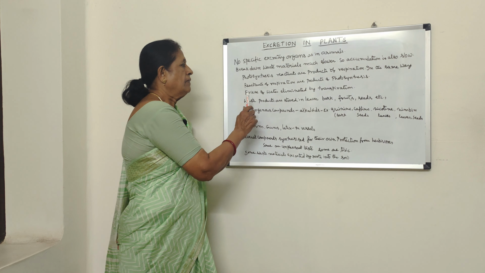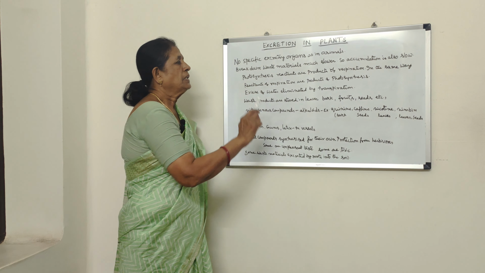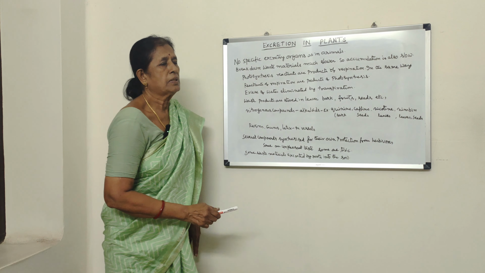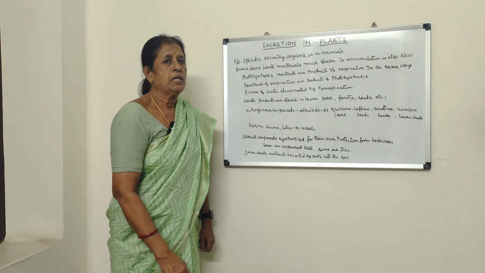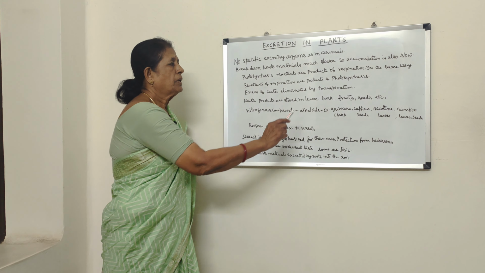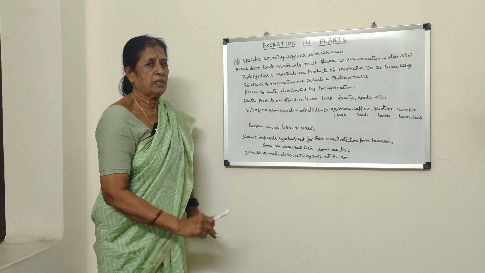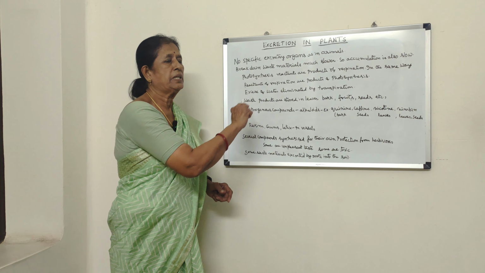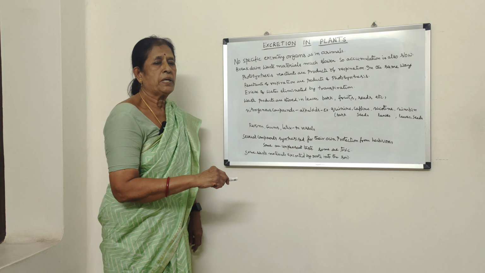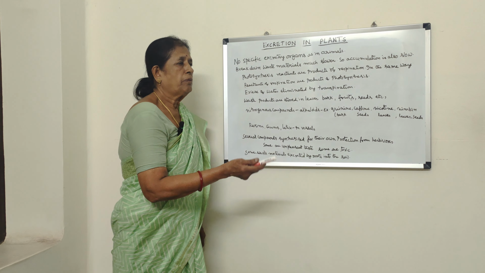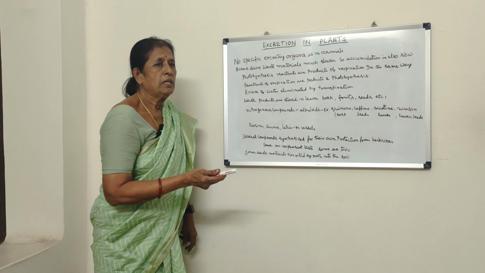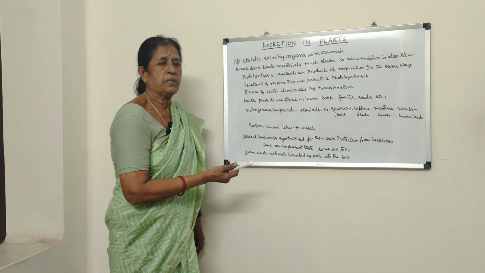And in the same way, reactants of respiration are products of photosynthesis. What are the reactants of respiration? Glucose and oxygen, and the products are carbon dioxide and water. That means the exchange of gases will take place through stomata, and some plants may utilize the end products of respiration for photosynthesis.